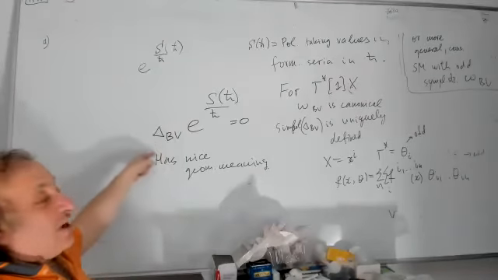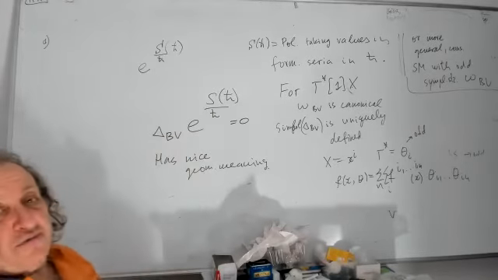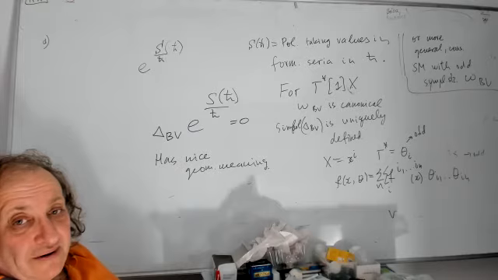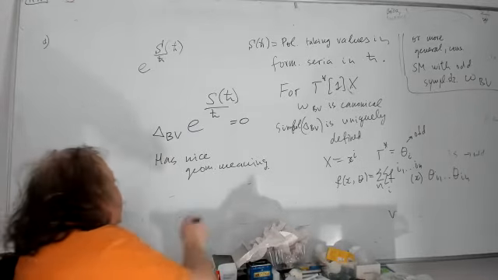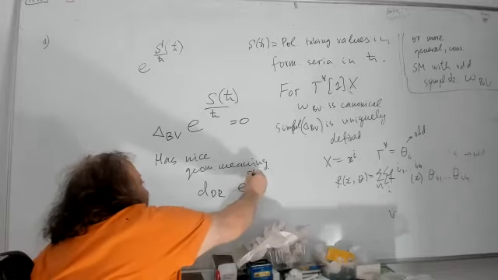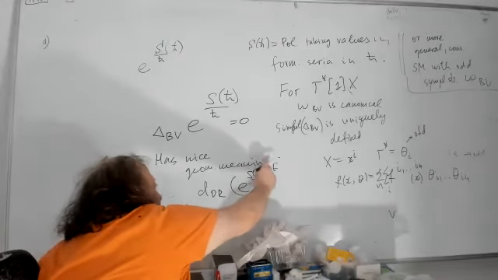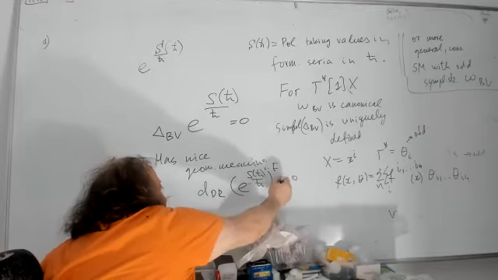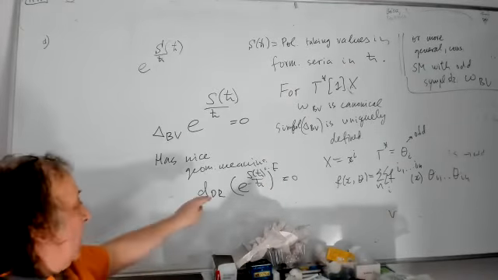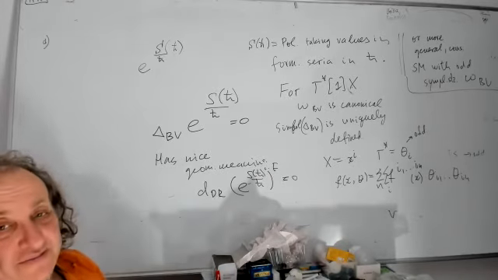If we make a Fourier transform of this to differential forms, then it will be de Rham. So this equation is nothing but the de Rham differential of e to the S of h over h, Fourier transformed. And this is very natural, because this is about topology.